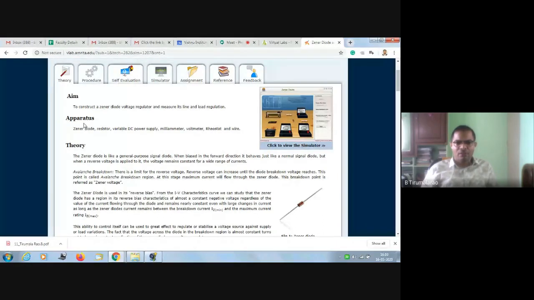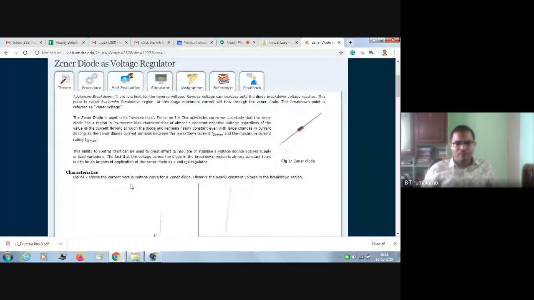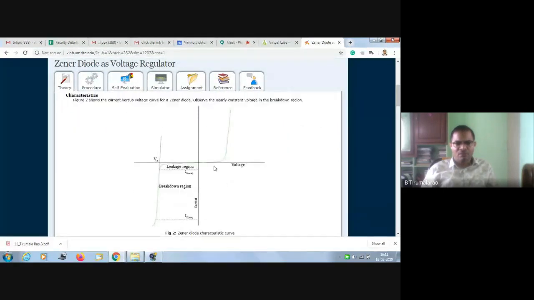For that experiment we need some apparatus: Zener diode, resistor, variable DC power supply, milliammeter, voltmeter, rheostat, and wires. Here this is the theory. This is the graph.